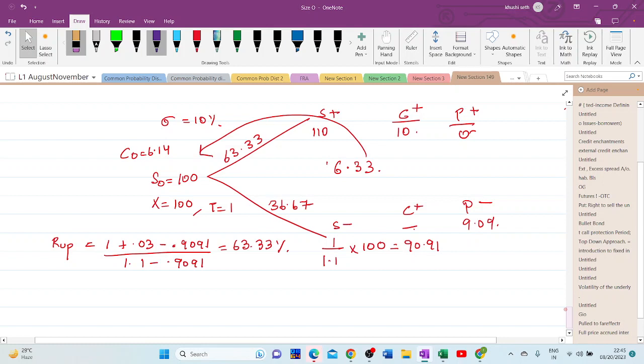So expected value of the put is going to be 36.67 into 9.09, जो की है 3.33.